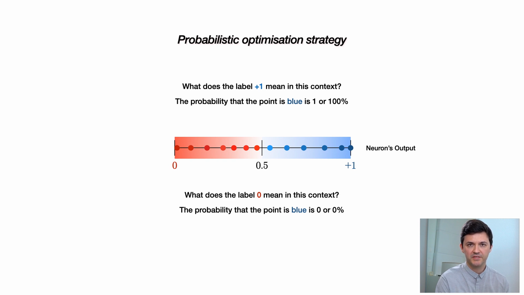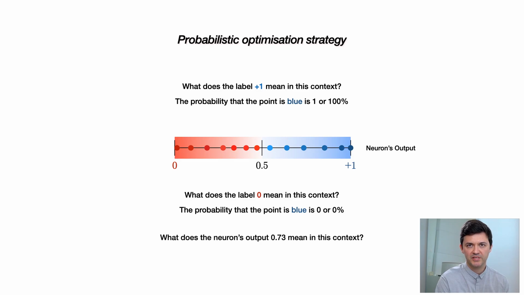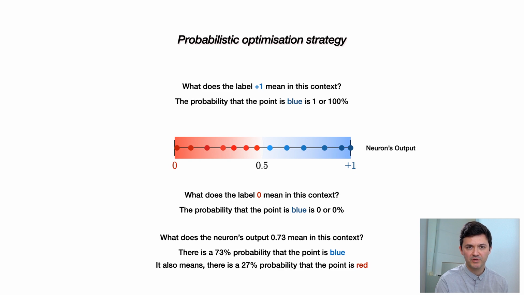These are our labels. But what happens when the neuron actually outputs a number which is, for example, 0.73? What would that number mean in this context? Well, this number would mean that there is a 73% probability that the corresponding point is actually blue. What it also means is that there is a 27% probability that the point is red, because the total probability is always going to be equal to 1, or 100%.